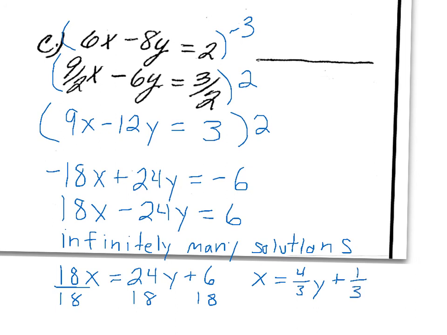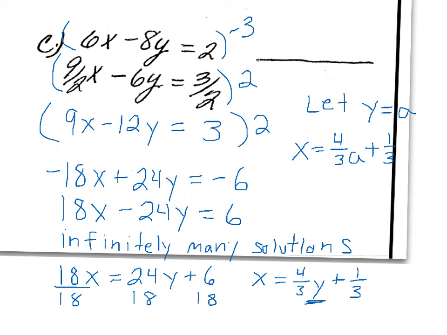And now we want to always let the variable on the right side of the equation equal a. So if we let y equal a, then we know that x equals 4/3 a plus 1/3.